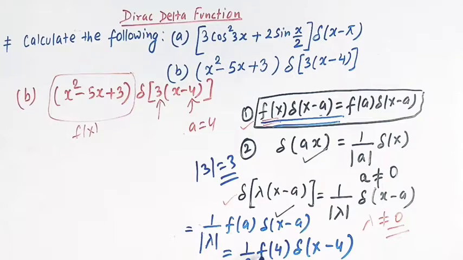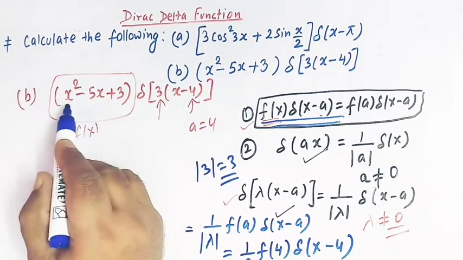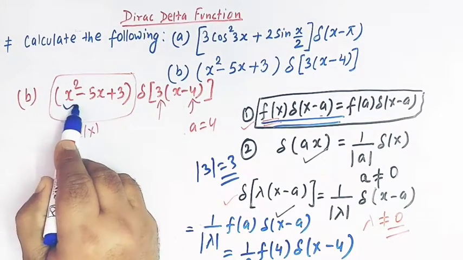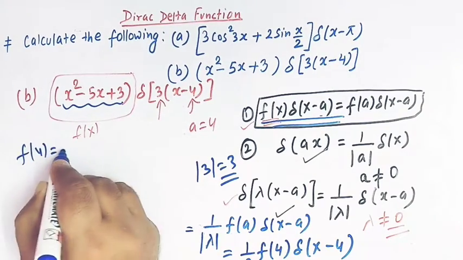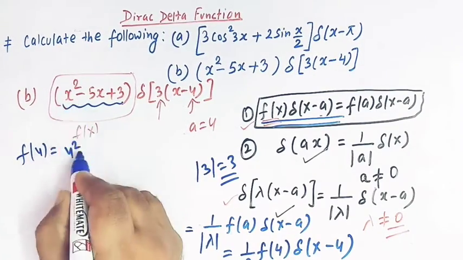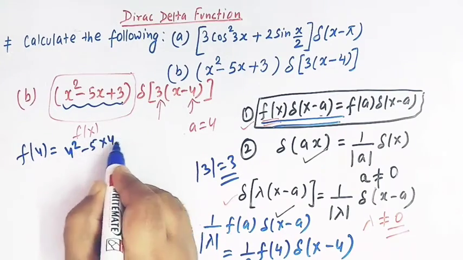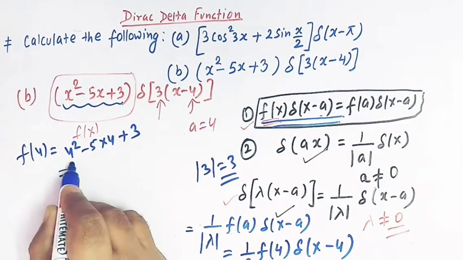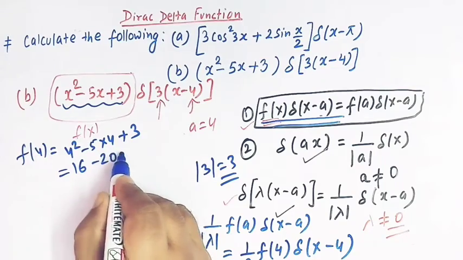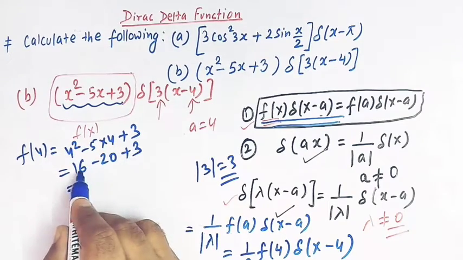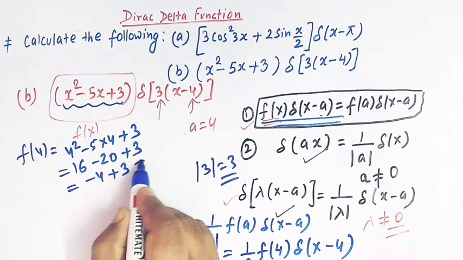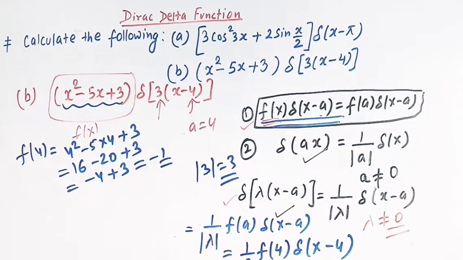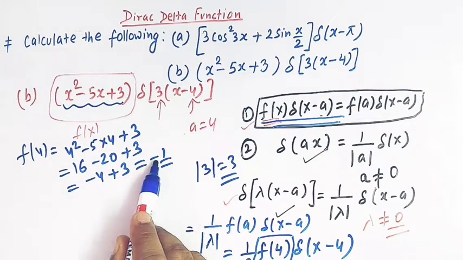So now we need to find out the value of f of 4. f of 4 can be obtained by taking x is equal to 4 in this expression, right? So f of 4 is 4 square, then we have minus 5 times 4 plus 3. So this is 16 minus 20 plus 3. So this is 16 minus 20, minus 4, and then plus 3, this is minus 1, right. So this f of 4 may be replaced by minus 1.